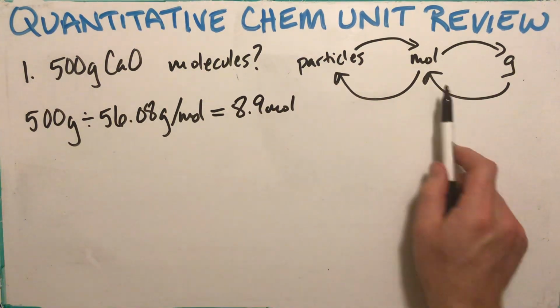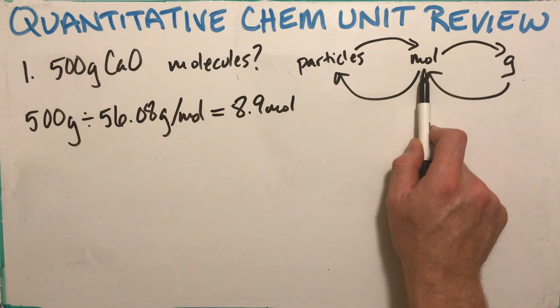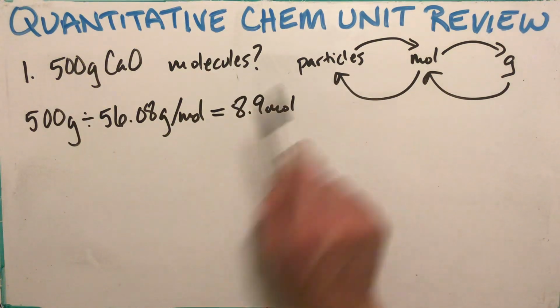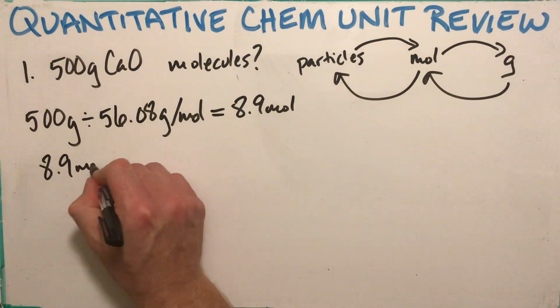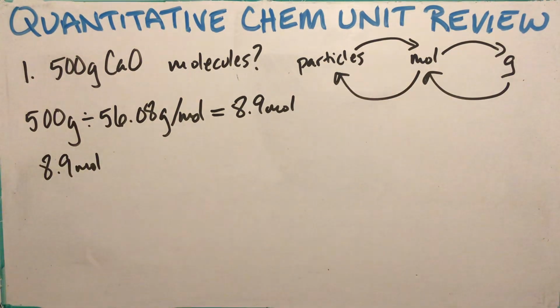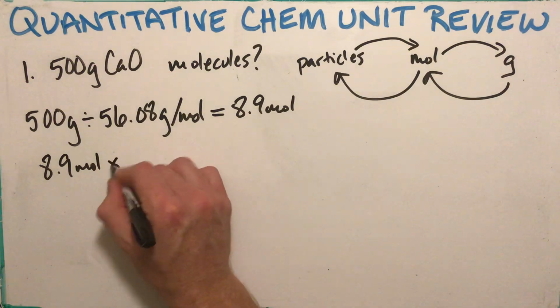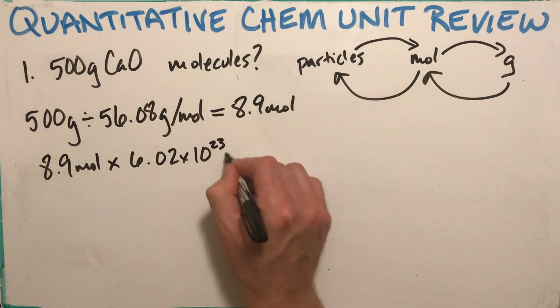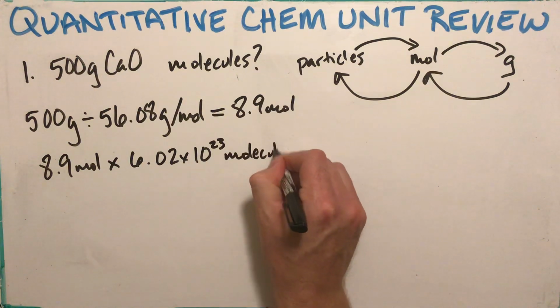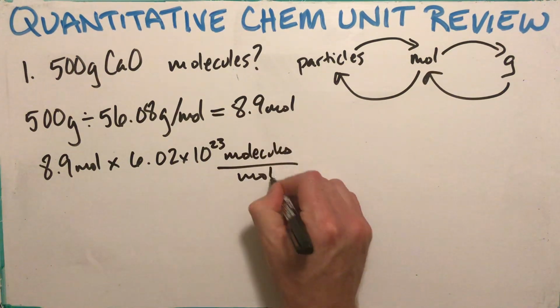That's not my answer. That just gets me to here. I went from mass to moles. I still have to go to particles, which is molecules. So I'm going to take this down here, begin my next step. I'm going to say 8.9 moles times 6.02 times 10 to the 23 molecules per mole.